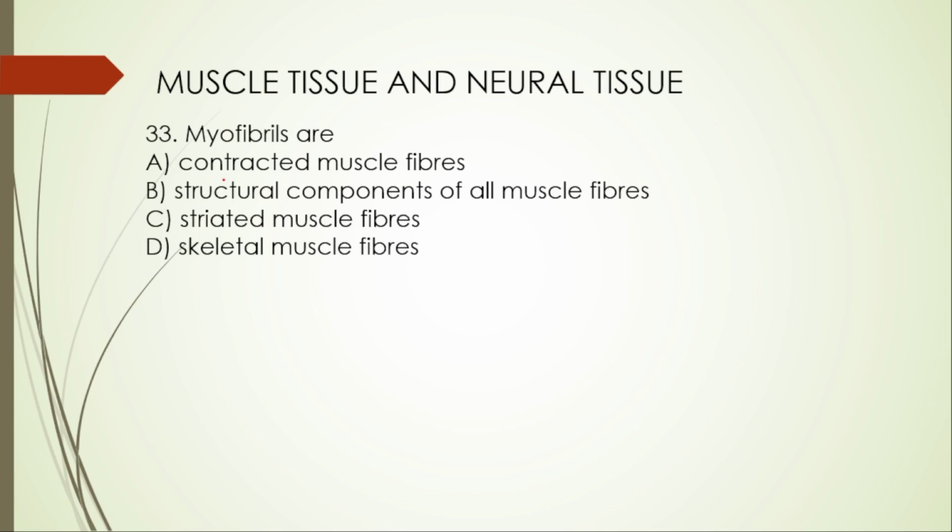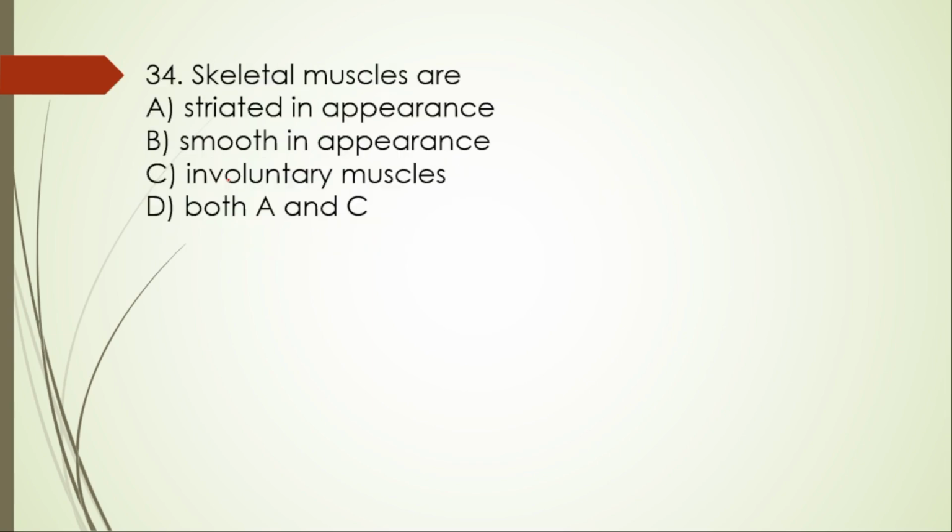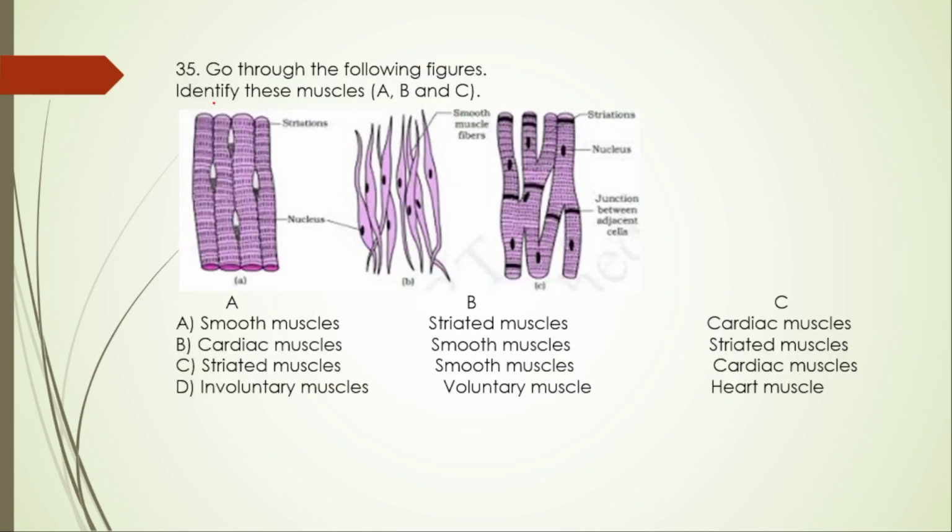So here microfibrils are structural components of all the muscle fibers. Next, 34th question: skeletal muscles are A. striated in appearance, B. smooth in appearance, C. involuntary muscles, and then D. both A and C. Here the right option is skeletal muscles are striated in appearance.